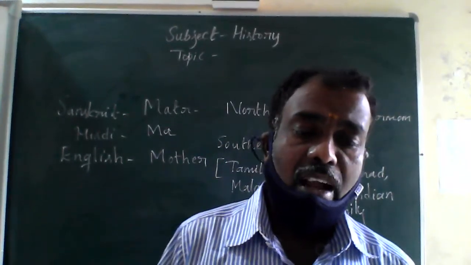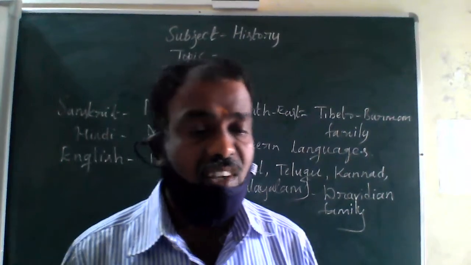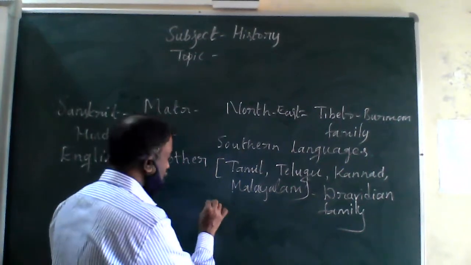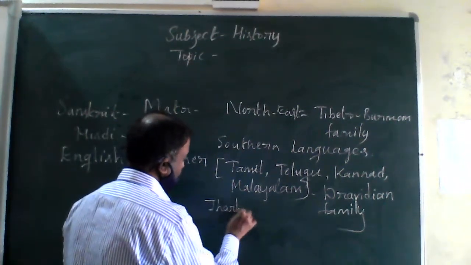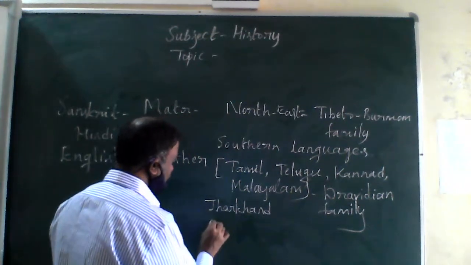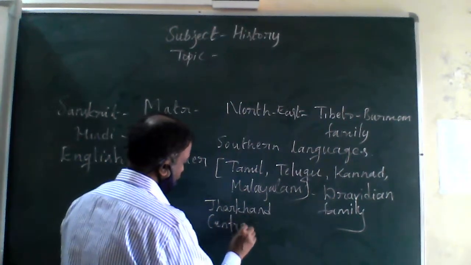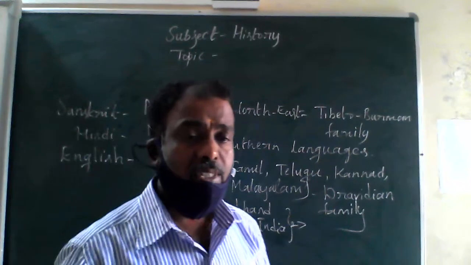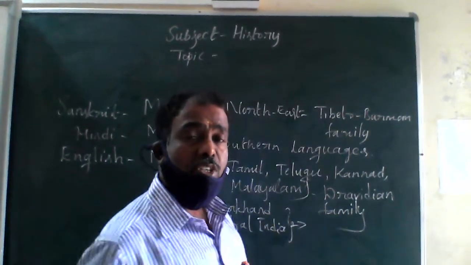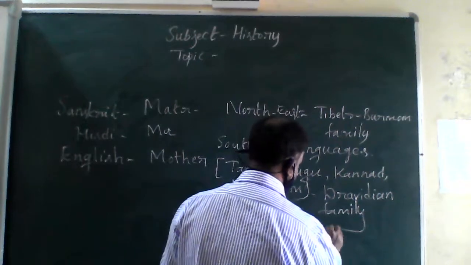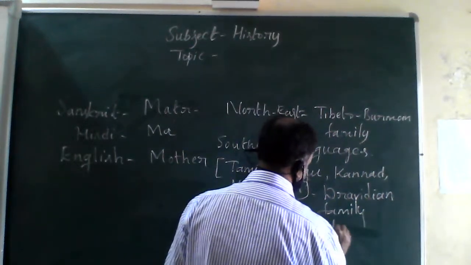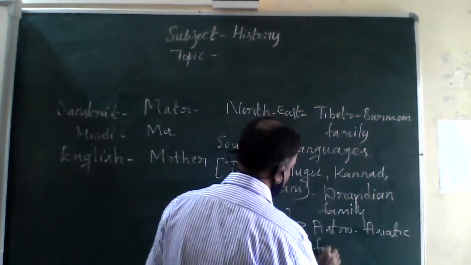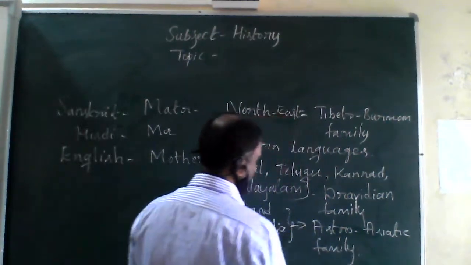And the languages spoken in Jharkhand and parts of central India, especially the languages spoken in Jharkhand as well as central India, those languages belong to the Austro-Asiatic family.